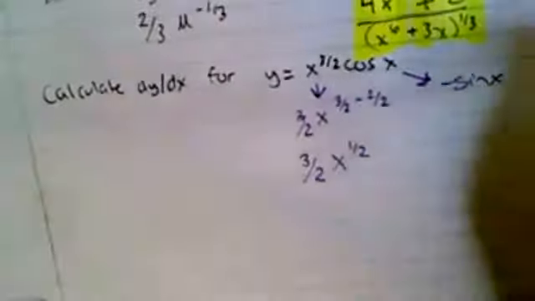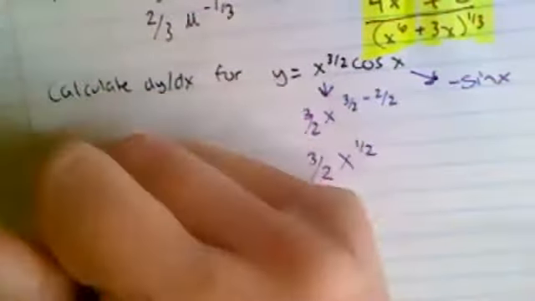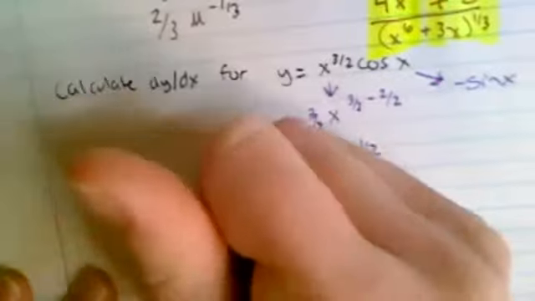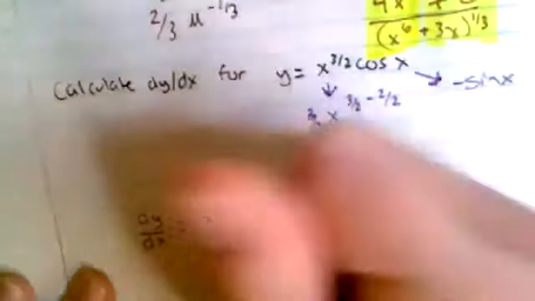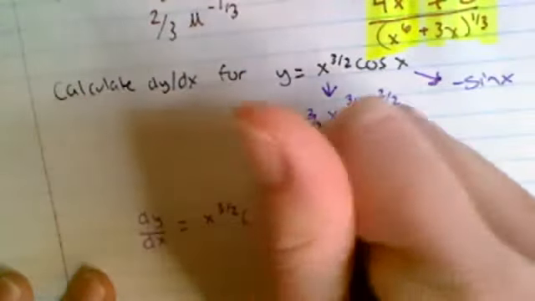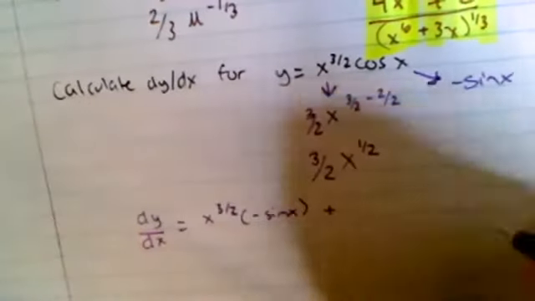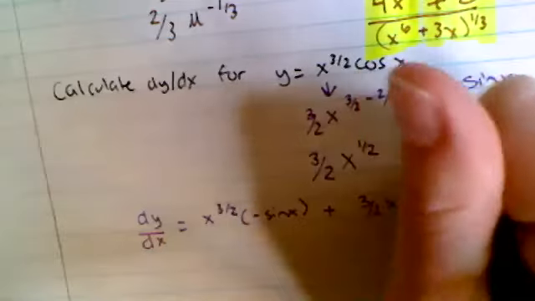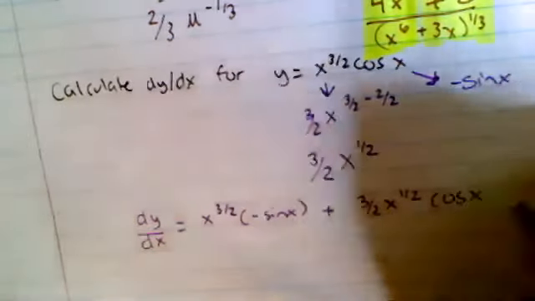Let's go ahead and write out our product rule now. dy/dx is going to equal normal x to the 3/2 times the derivative of the cosine, plus the derivative of x to the 3/2, 3/2 x to the 1/2, times normal cosine.